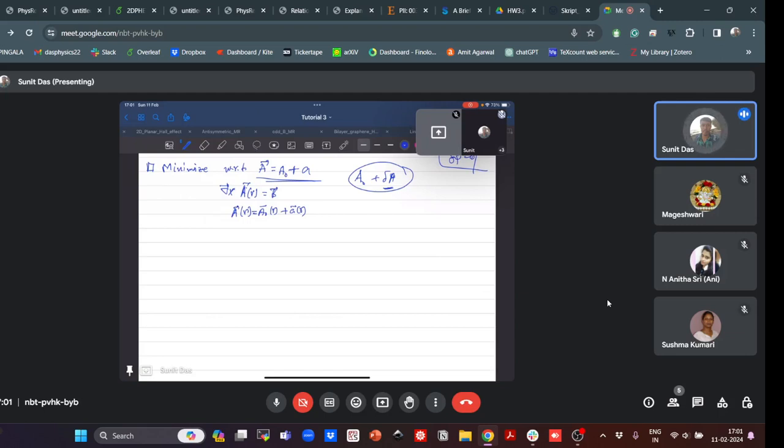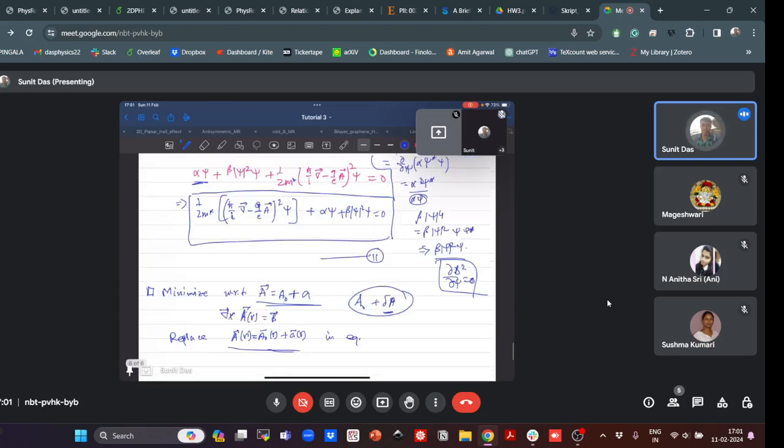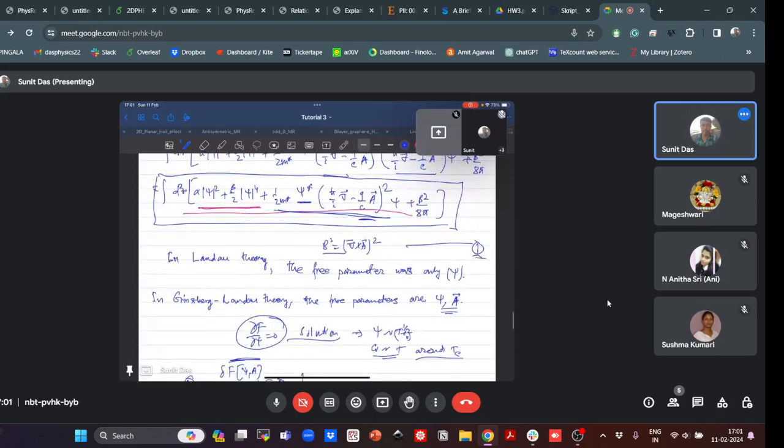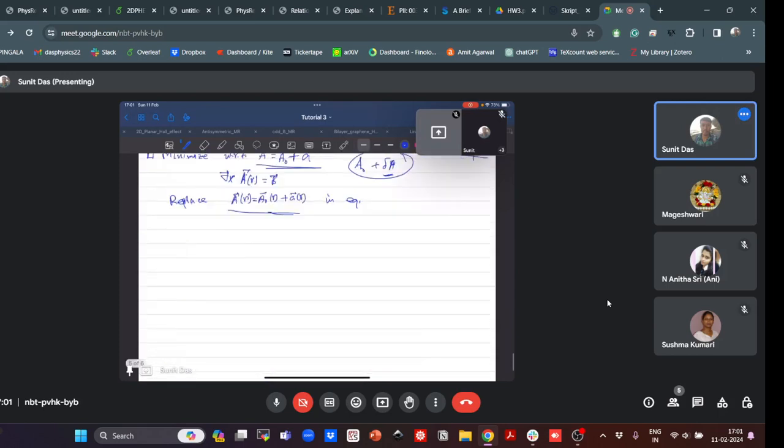So basically, we need to replace this. Okay. So replace this equation in equation one, and then write down the equation to the first order in A, right?